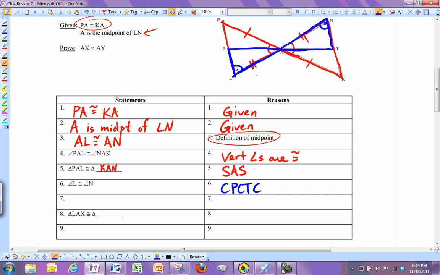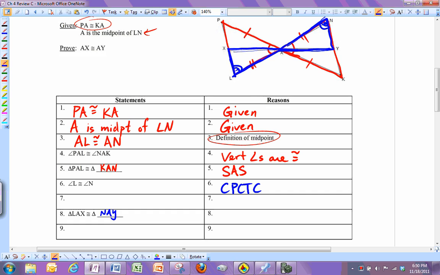If I call it LAX, I'm going from this angle along the 2 tick mark side and in the middle, and then back out along that middle line. So I'm going to have to do the same thing up here: go from the angle I just took along the 2 tick mark side and in the middle, and then out to the middle of this side. So NAY. That's the way I'm going to label this triangle.